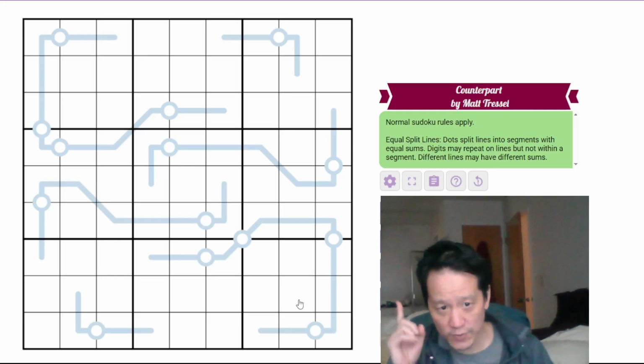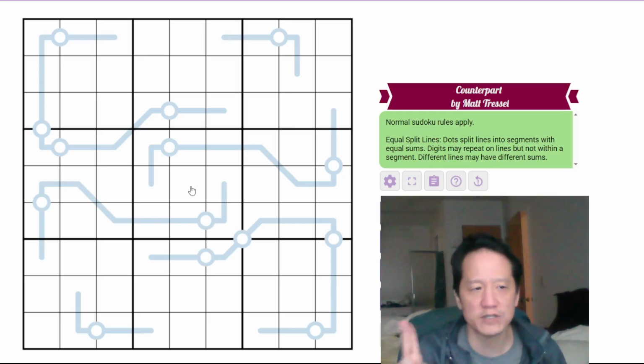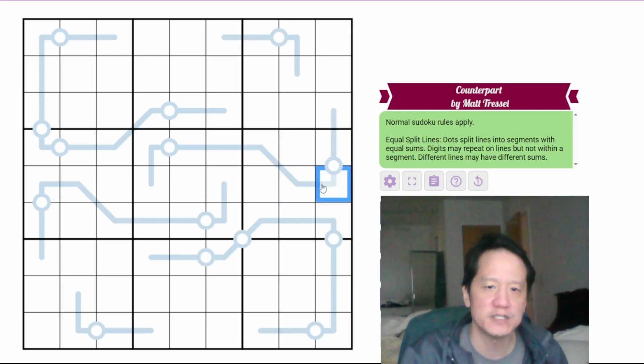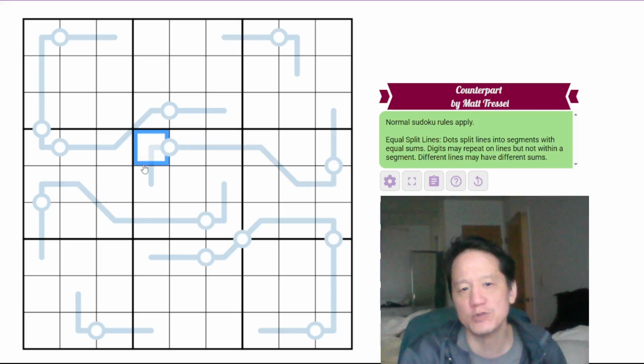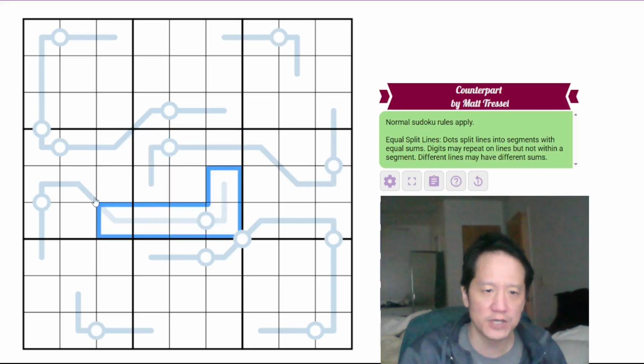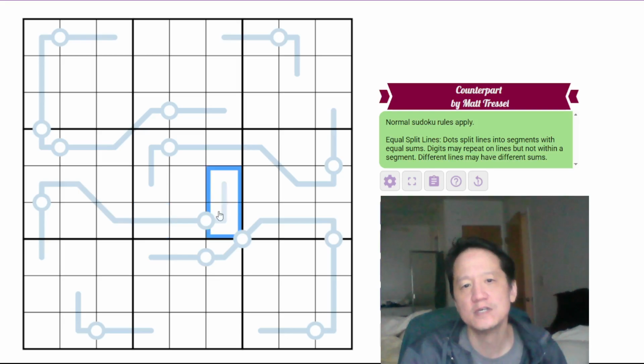Okay, the first thing that I see, well, actually, there are 2 things that really stick out to me. One is this long equal split line. Like I said, these 2 digits must equal these 5 digits, which must equal these 2 digits. Similarly, there's another equal split line where these 2 digits equal these 5 digits, which equals these 2 digits.